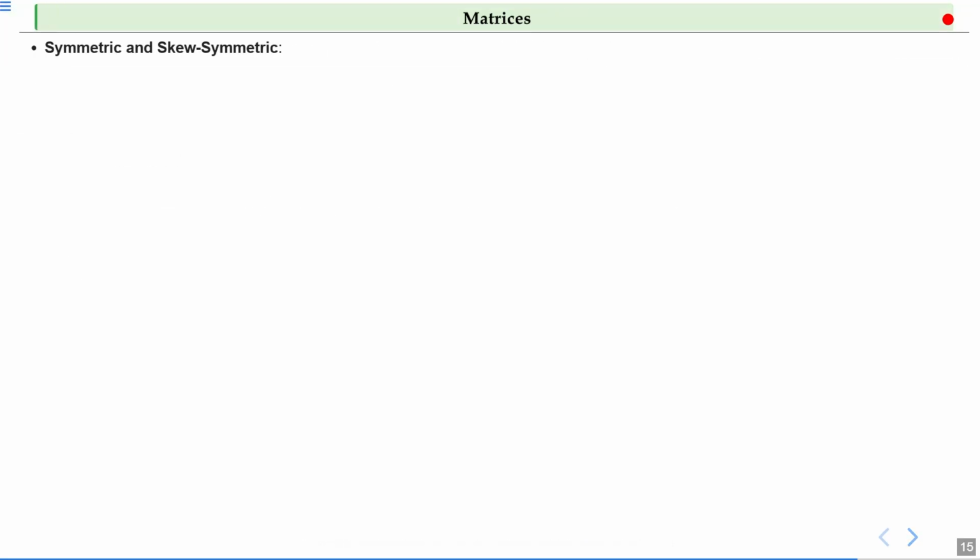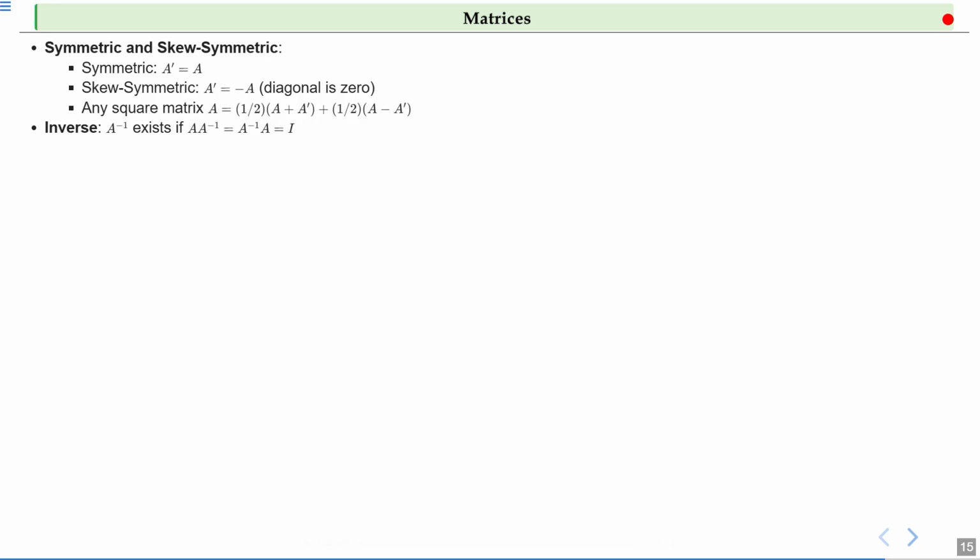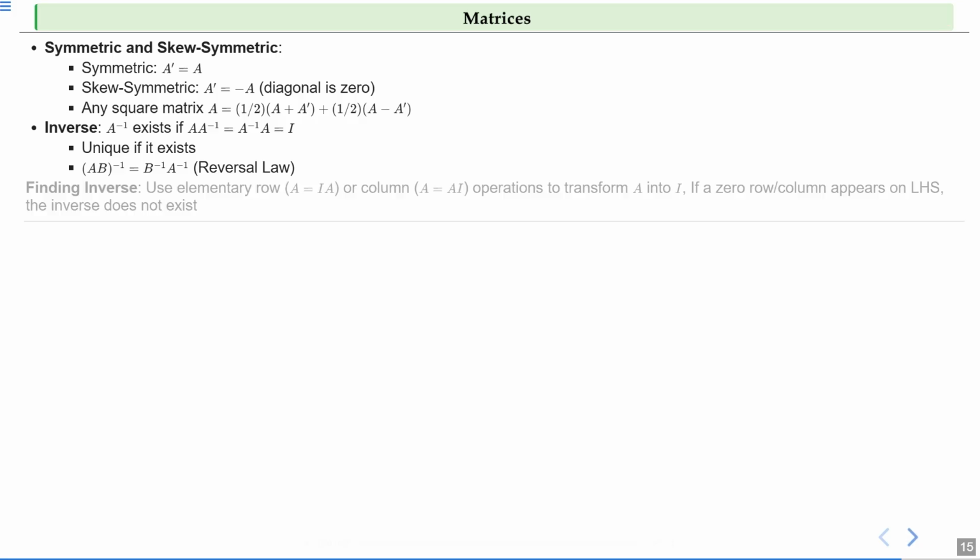After that, we have seen symmetric and skew symmetric matrices. In symmetric, A transpose should be equal to A. In skew symmetric, A transpose should be equal to minus A, in which the diagonal is 0. For inverse, A inverse A will be equal to I. Again, the reversal law of inverse: AB inverse will be equal to B inverse A inverse.